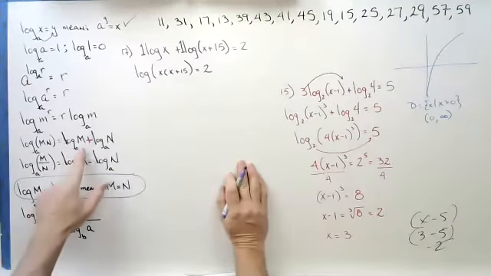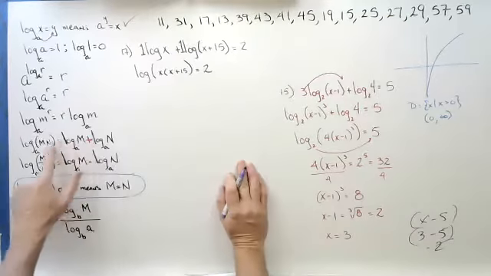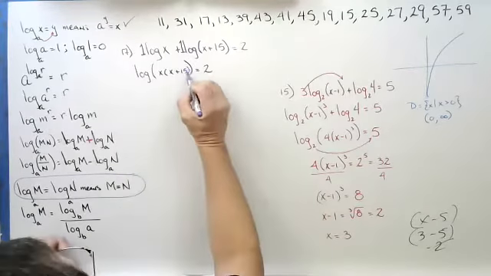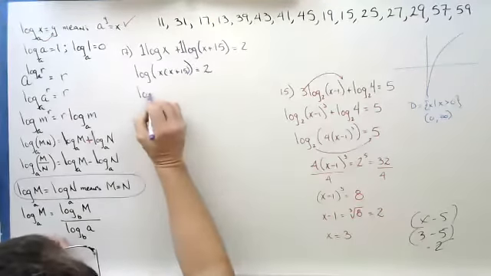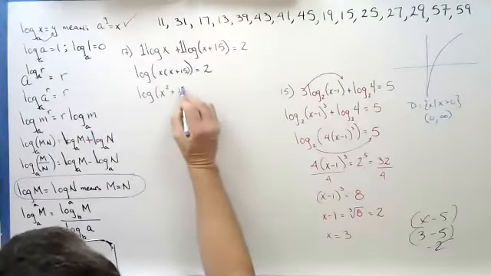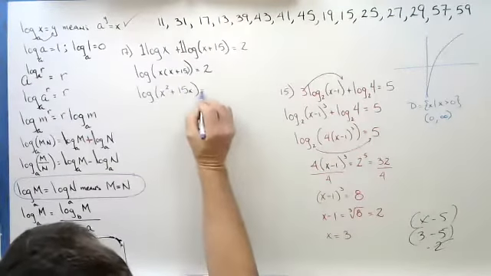Because that's what my property says. If I have a log plus a log, I multiply the arguments. So we have log of x squared plus 15x equals 2.